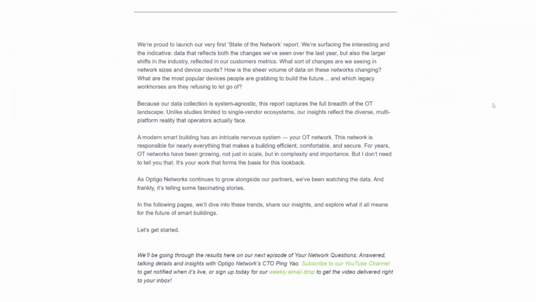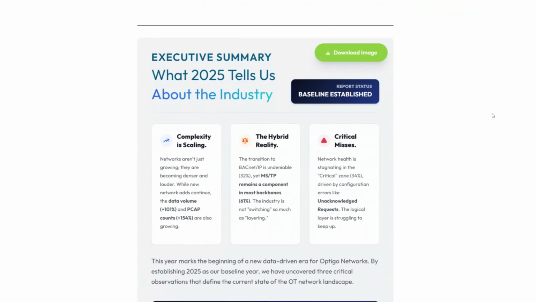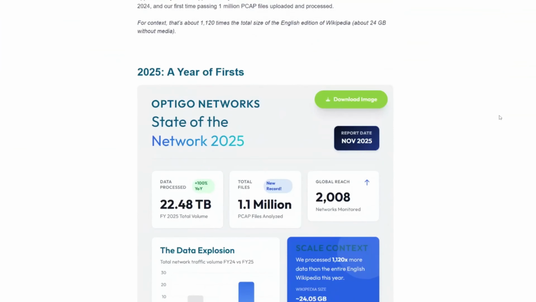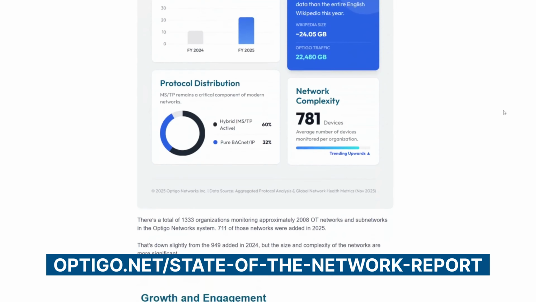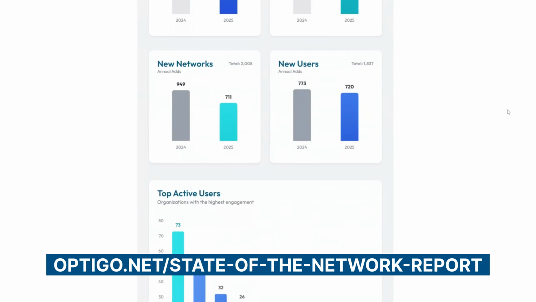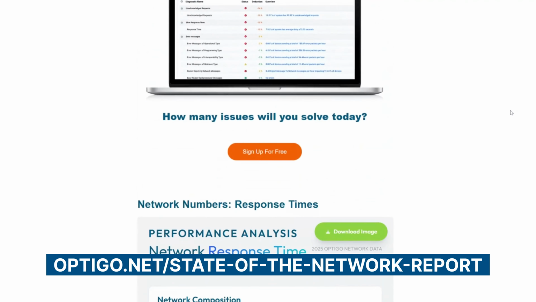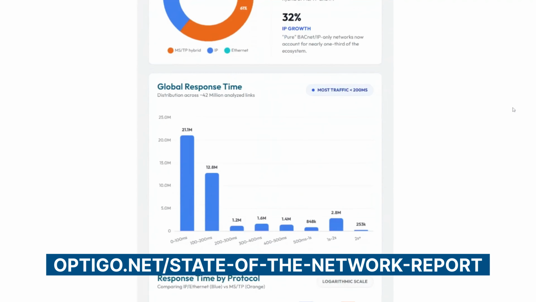The first one is something that I think sort of sprang out of our 2025 State of the Network report. And if you haven't seen that yet, we can put all the links around for you to go and check that out. But one of the findings we saw, Ping, was that a lot of the networks that we observe are still using a lot of read and write requests, as opposed to taking what's known as a change of value and putting that forward.